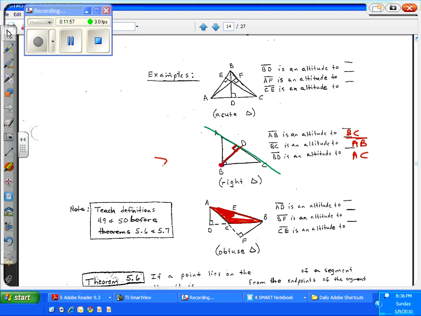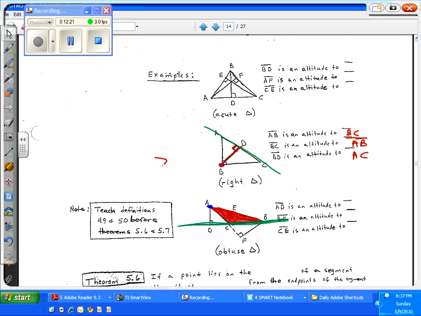So we're talking about this triangle. If we're talking about this triangle and we're looking at vertex A, then the side opposite A is BC, and we can't draw an altitude that's going to hit BC, so we would have to draw the line that contains the opposite side.